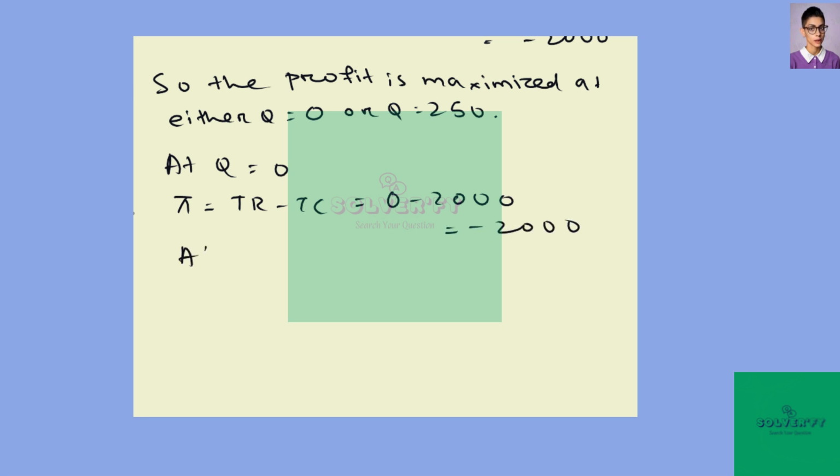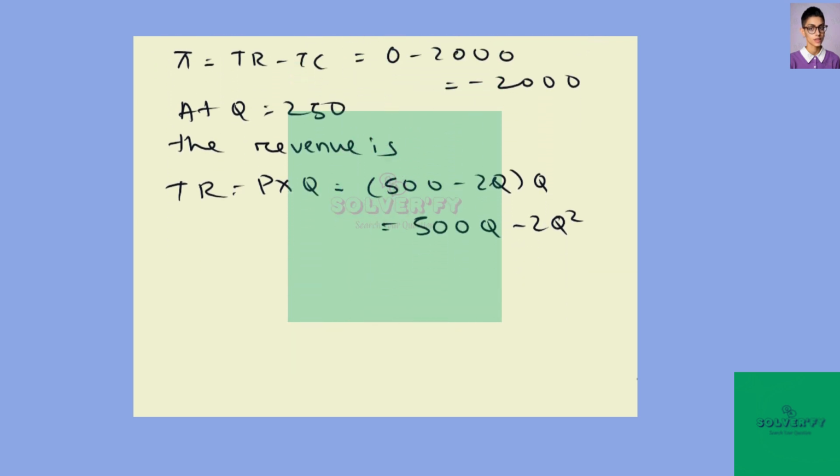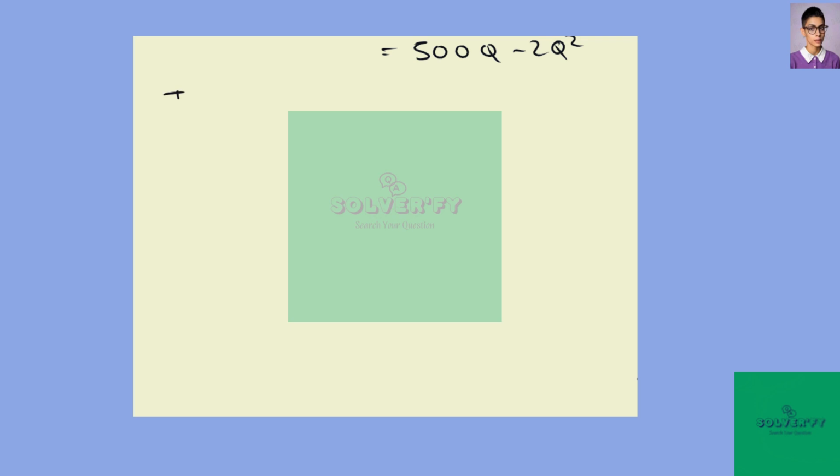At Q equal to 250, the revenue is TR, that is P into Q, (500 minus 2Q) into Q equal to 500Q minus 2Q square. So TR equal to 500 into 250 minus 2 into 250 whole square, that is 62,500.